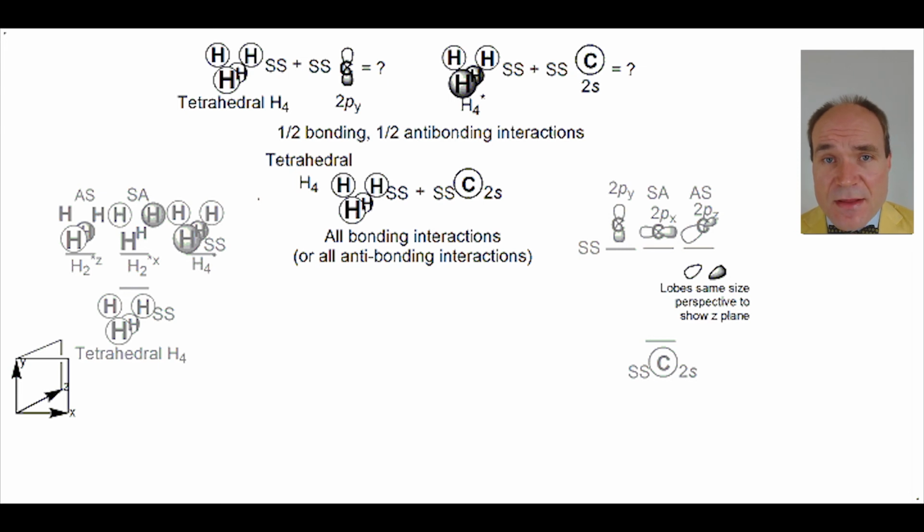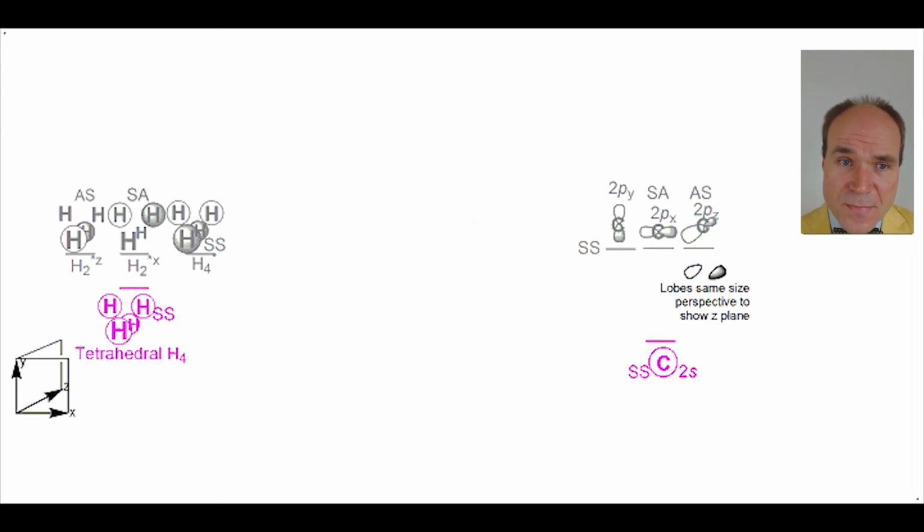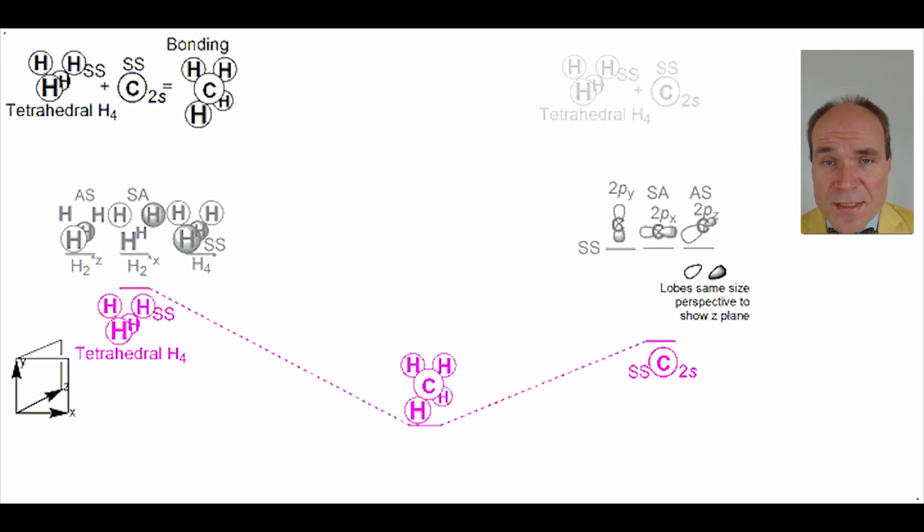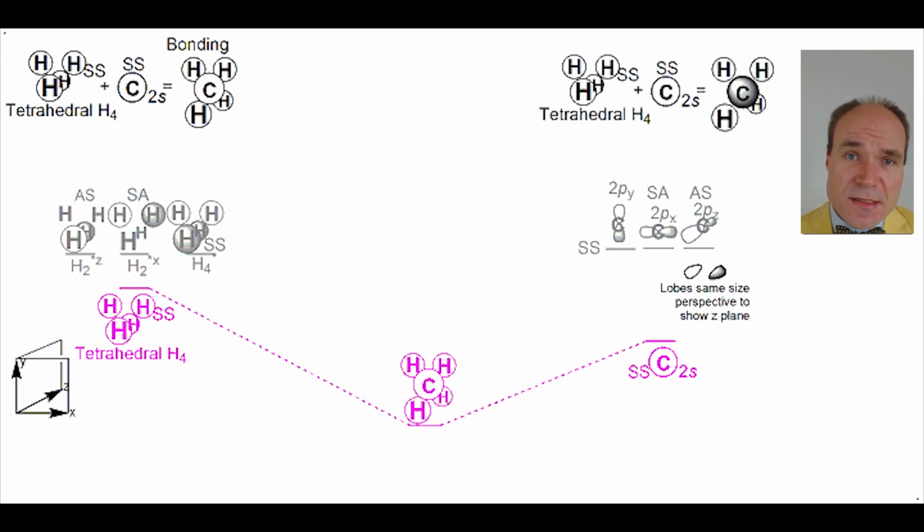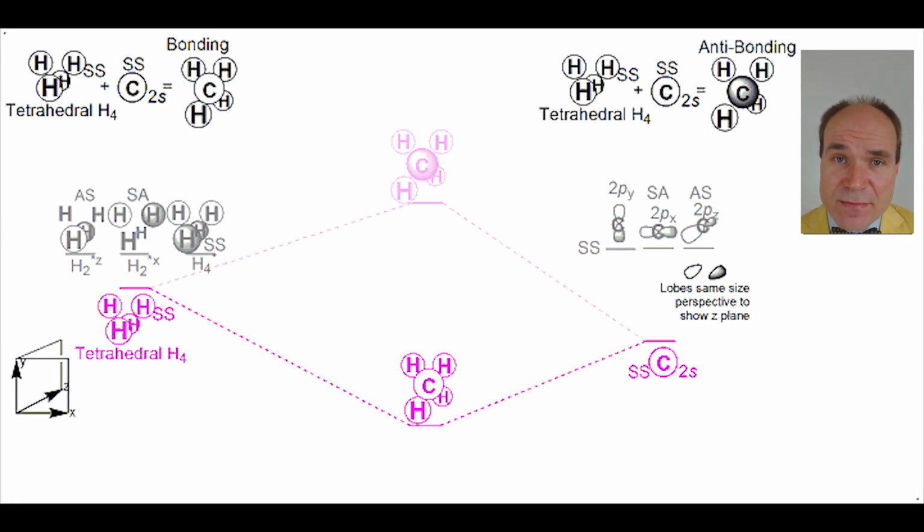And so this is actually the bonding orbital. Let's see how that works. So H4 pairs with 2s to produce the bonding orbital. If we take one of those partners and invert it with respect to the phase of the electron, what we achieve is going from all bonding interactions to all anti-bonding interactions, and this is the anti-bonding orbital.